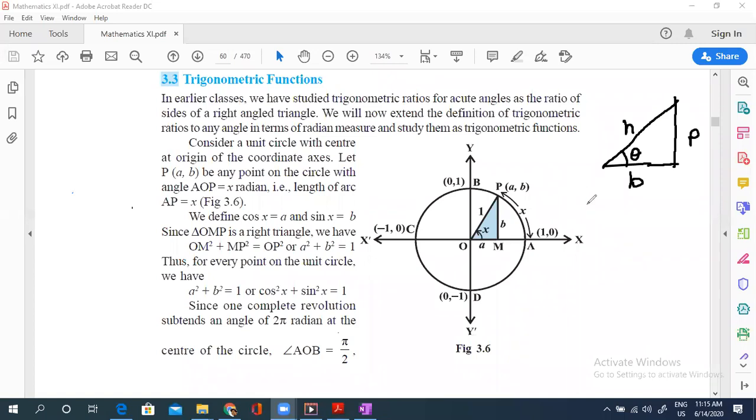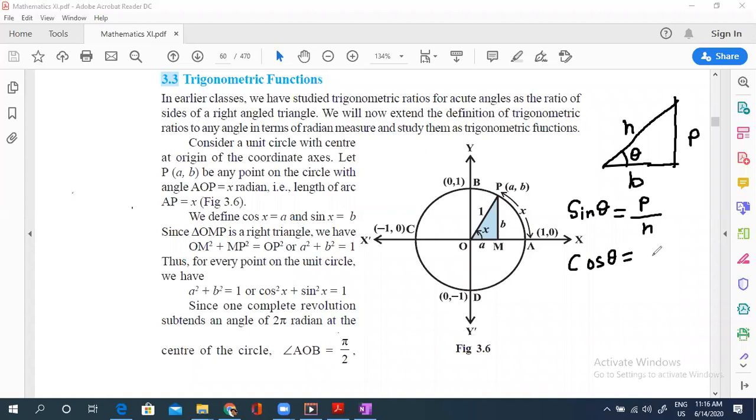If we want the relationship of the hypotenuse and perpendicular with angle theta, we have the function sine theta. Sine theta is equal to perpendicular by hypotenuse. Theta is your angle and this p by h is a ratio, so the value of sine theta will give you a ratio.